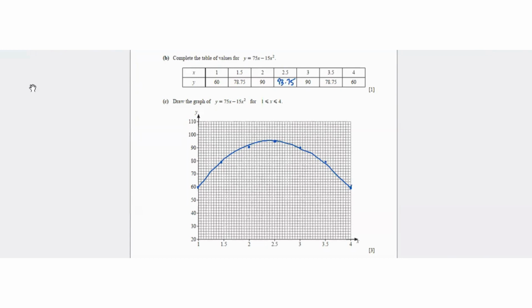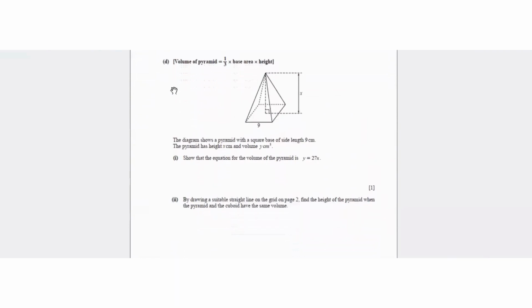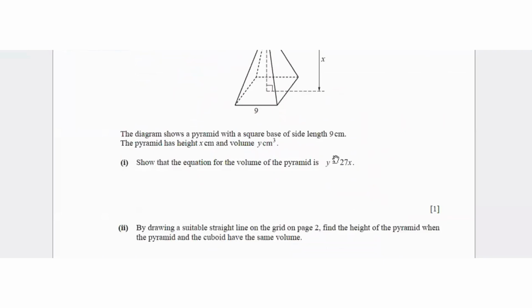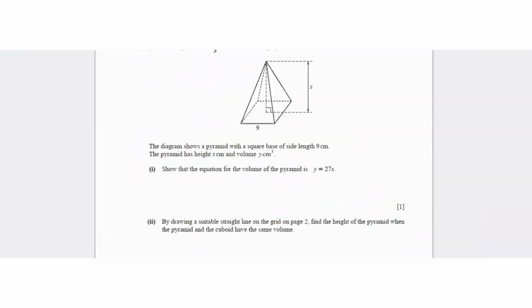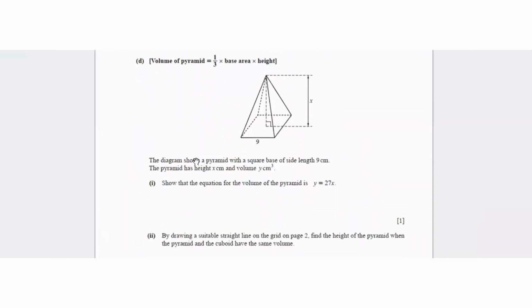Then it's saying the volume of a pyramid equals 1/3 times base area times height. The diagram shows a pyramid with a square base of side length 9 centimeters, and the pyramid has a height of x centimeters, with volume y centimeters cubed. They want to show that the equation for the volume of the pyramid is y equals 27x.